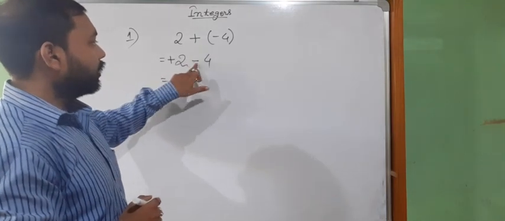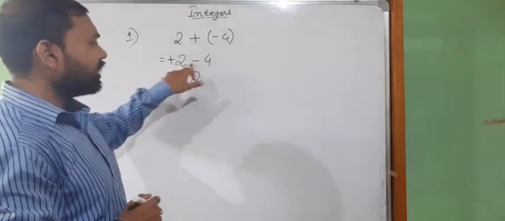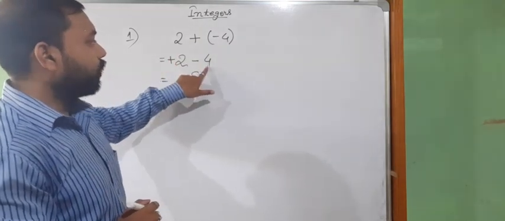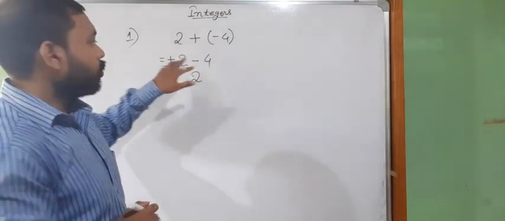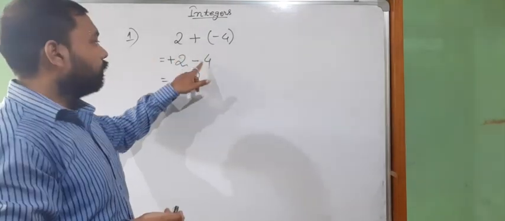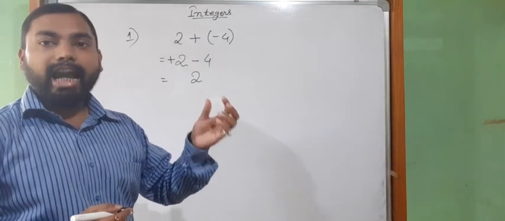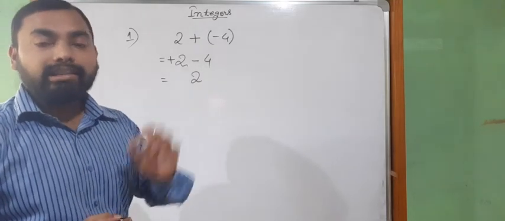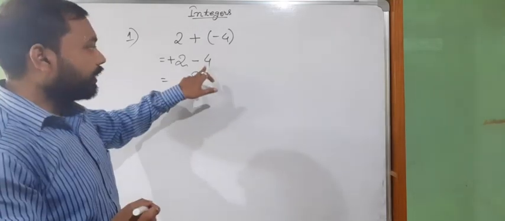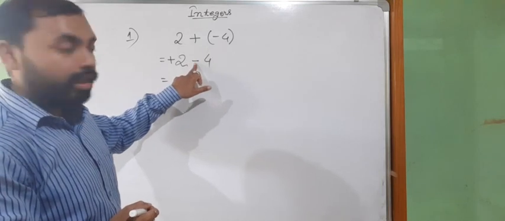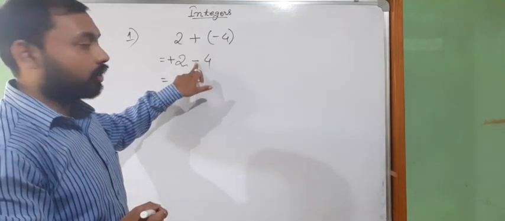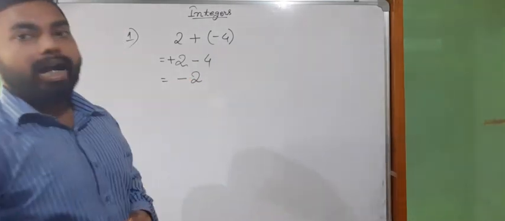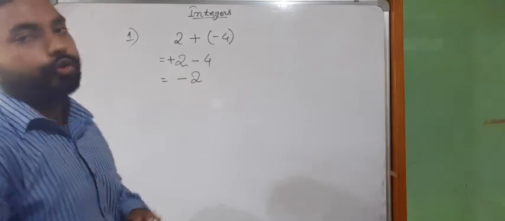Don't consider the sign now, only consider the digit. 4 is greater, and the sign associated with the greater number is the one I have to consider. With 4, the minus sign is there. So this sign I have to put here. My answer will be minus 2.